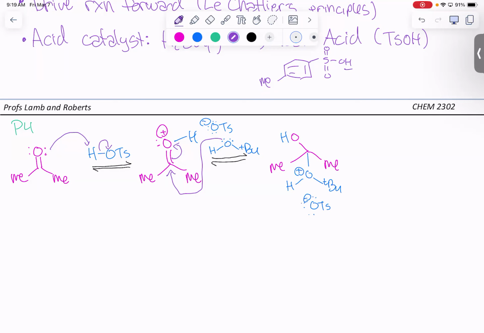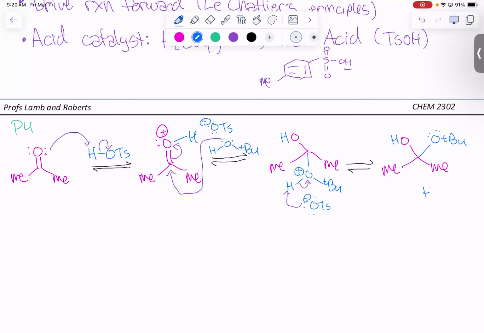We can deprotonate that acidic OH bond, return the electrons back to our oxygen there. And then what we get from that reaction is we have regenerated our acid catalyst. And we now have an alcohol. And I'm just going to do a quick bond rearrangement so that we can see this more easily. We have our tert-butanol.